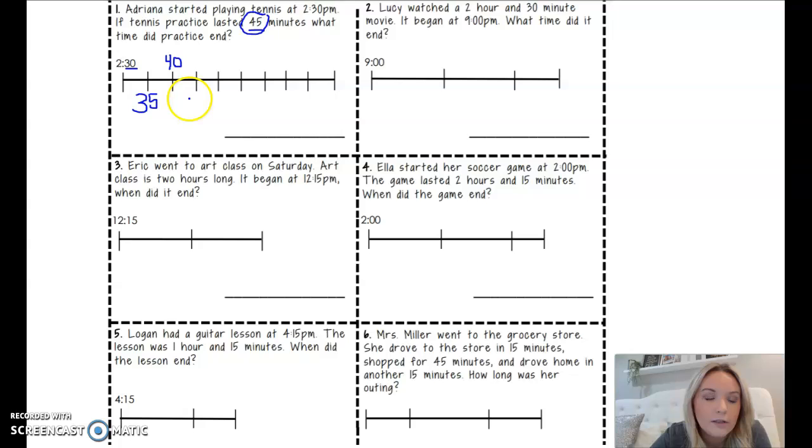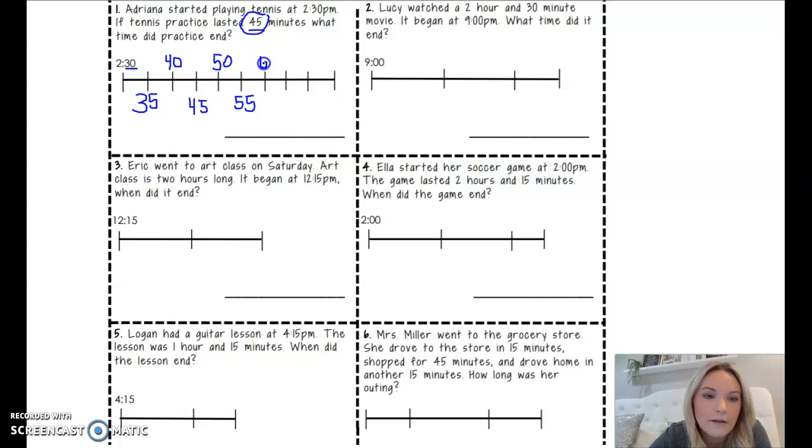This line would be 2:45. This line would be 2:50. This time would be 2:55.